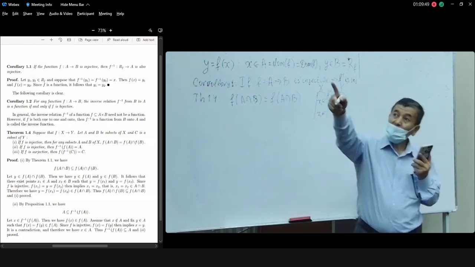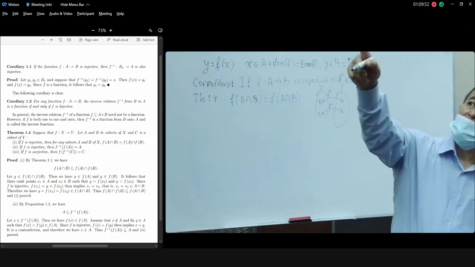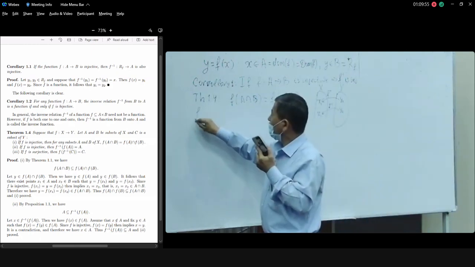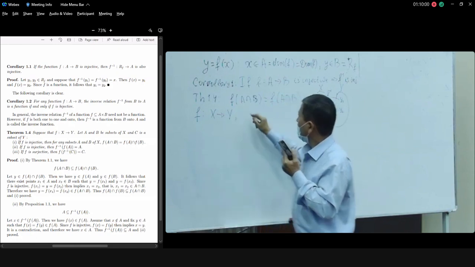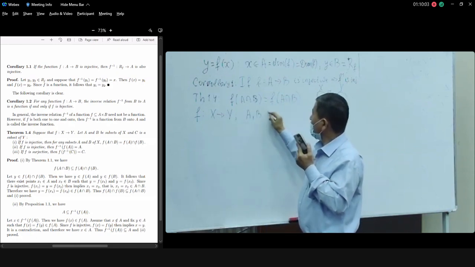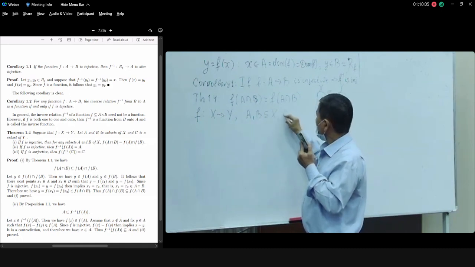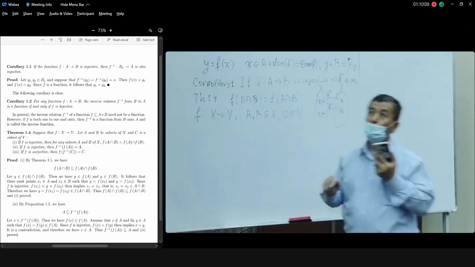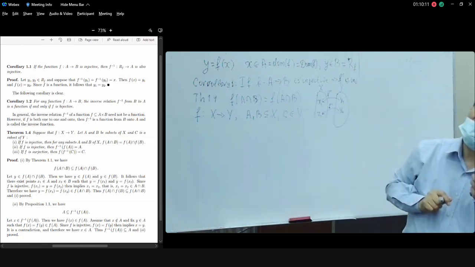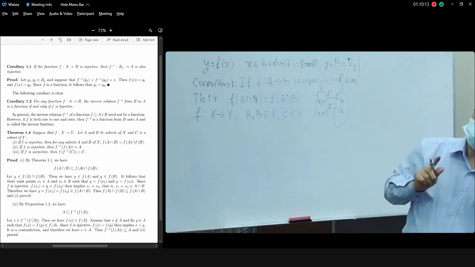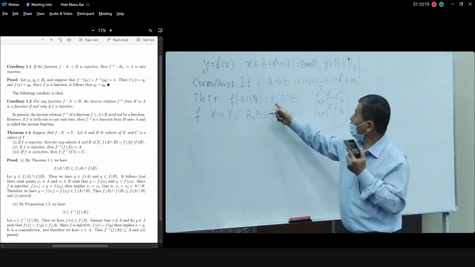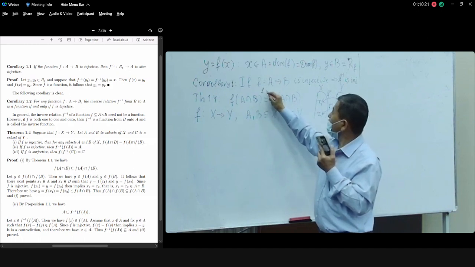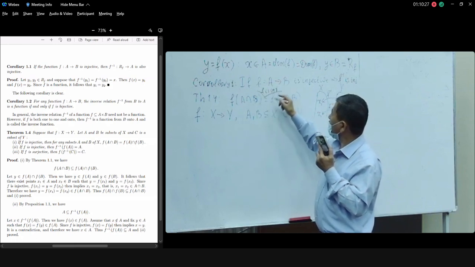Under these conditions: f is a mapping from X to Y, and A and B are subsets of X, and C is a subset of Y. So this condition is needed. This equality holds if f is injective.